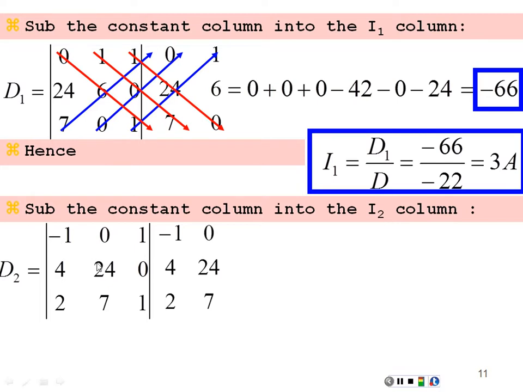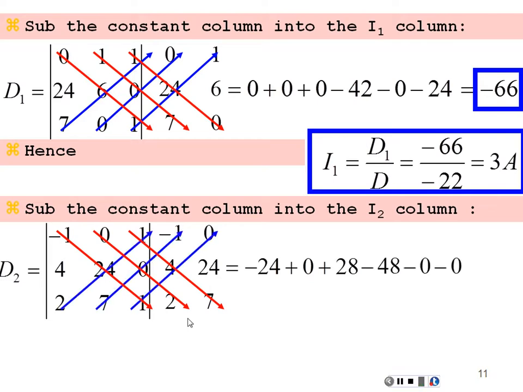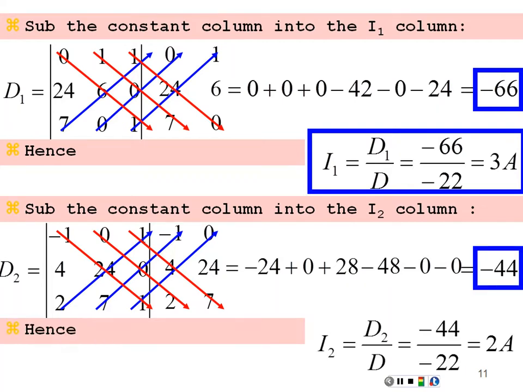So I'm going to have negative 1 times 24, 0 for the second column, and 4 times 7, 28 for the third diagonal. So negative 24 plus 28 going down. I'm going to subtract the other three diagonals. So I'm going to have minus 48 minus 0 minus 0. So it's going to be negative 24 plus 28 minus 48, which gives me negative 44. And my I2 then will be negative 44 divided by negative 22, 2 amps.